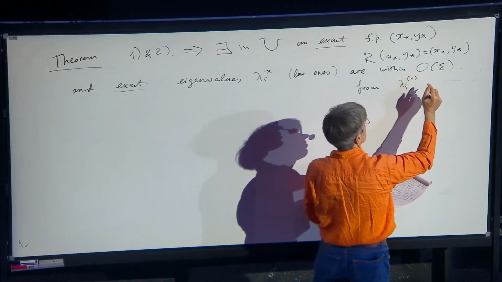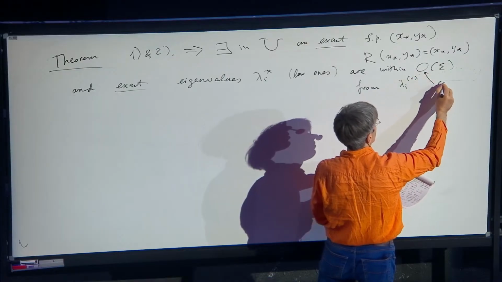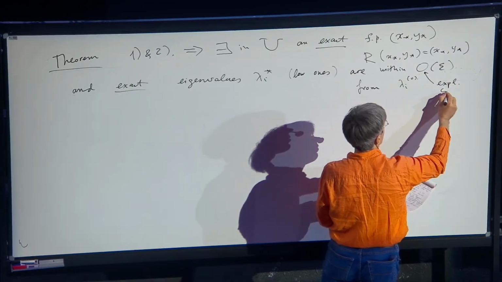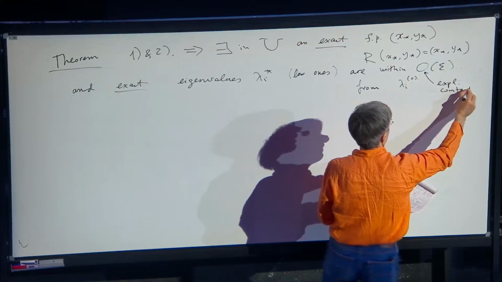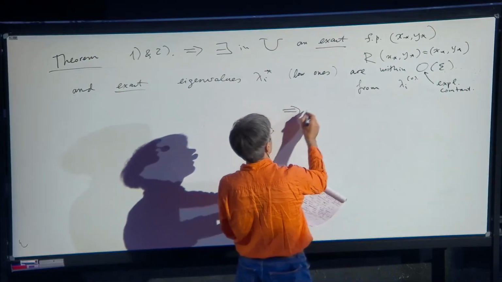And this constant can be computed, explicit constant. And hence, rigorous error bars.